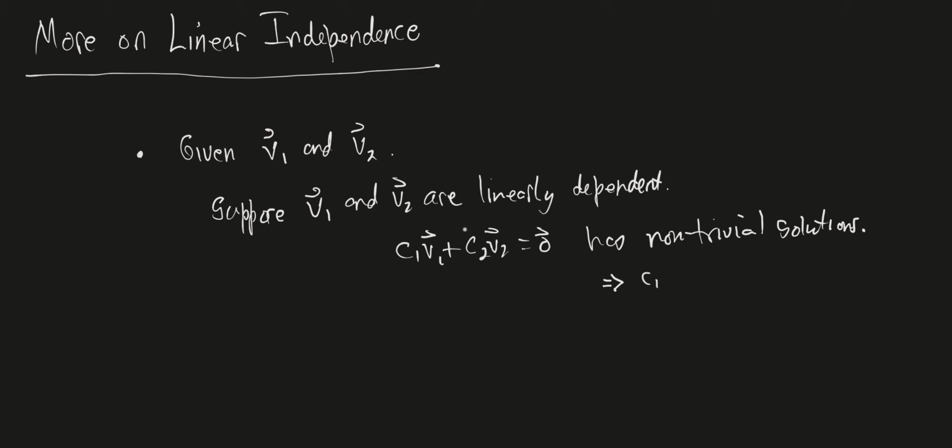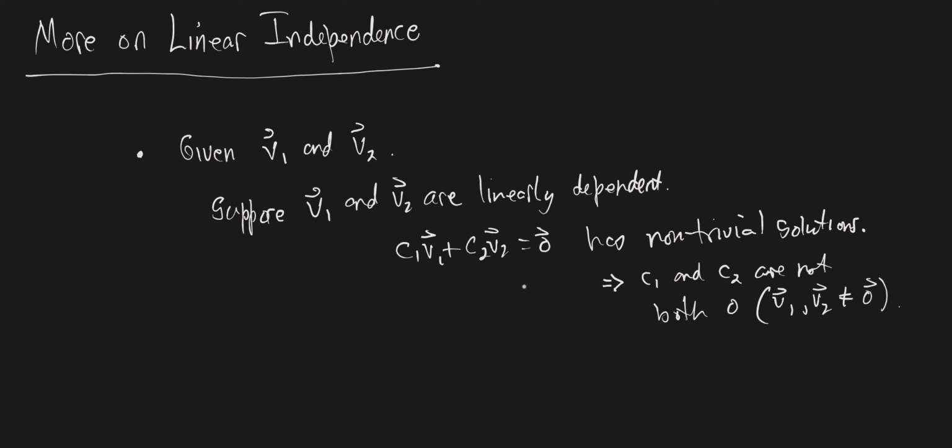So c1 and c2 are not both 0, assuming the vectors v1 and v2 are not the 0 vector.